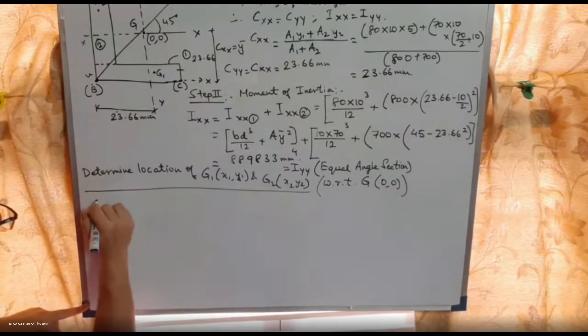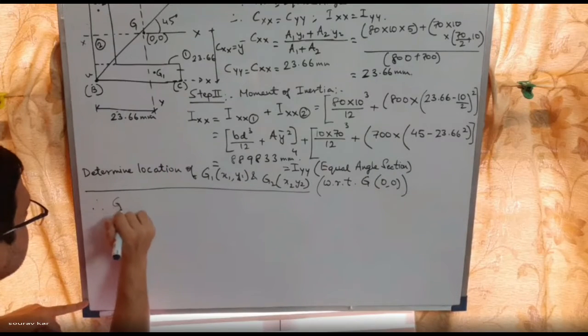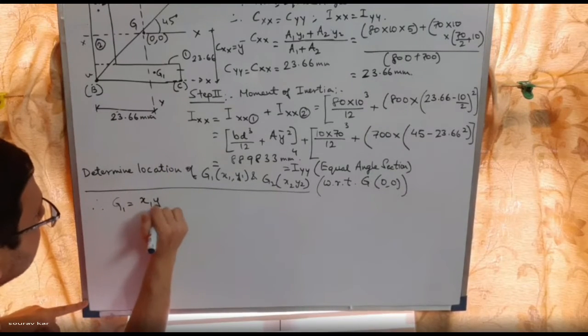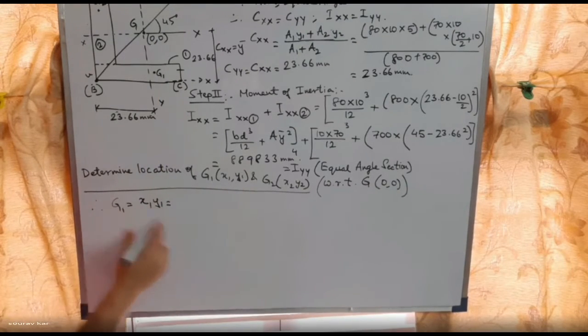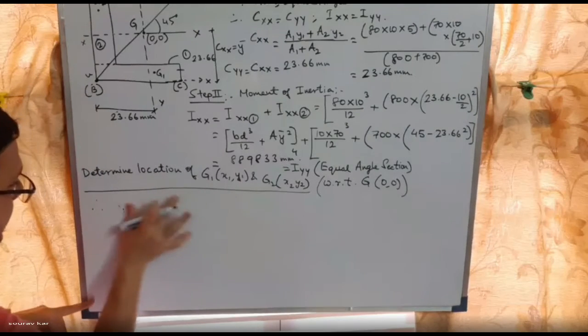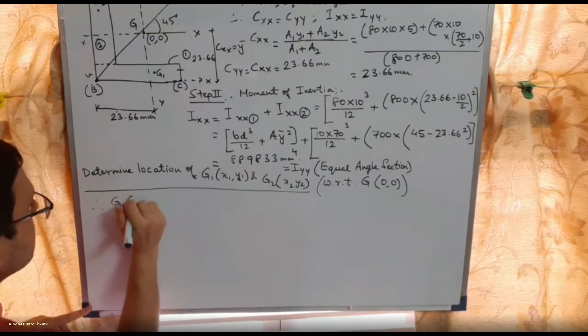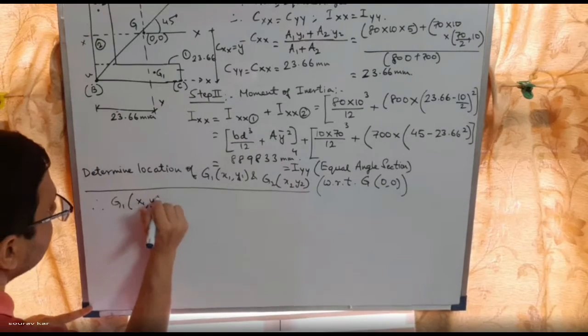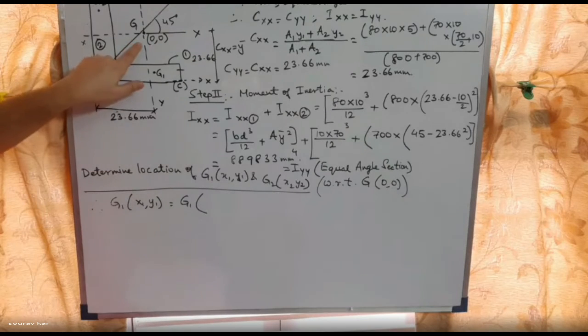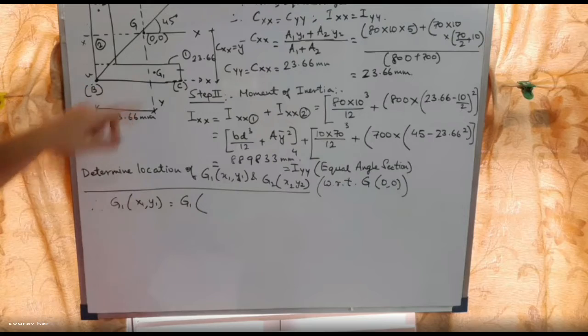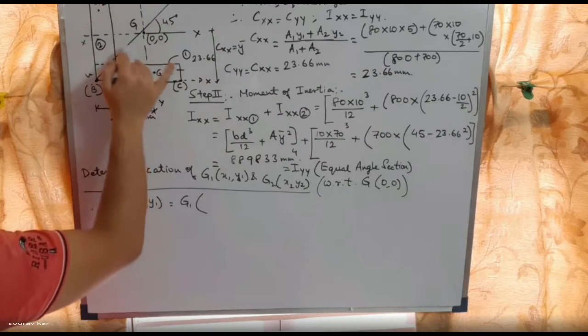Okay. So G1 will take X1, Y1. First coordinate X1, Y1. So what will be the location of X1? See here, this point is G. Now we are going to calculate the location of G1 and G2 with respect to this G. We have four quadrants: first, second, third, and fourth.